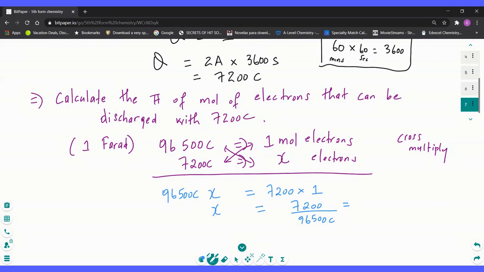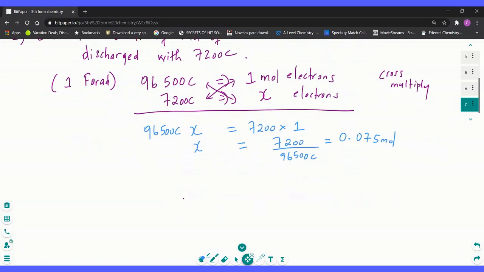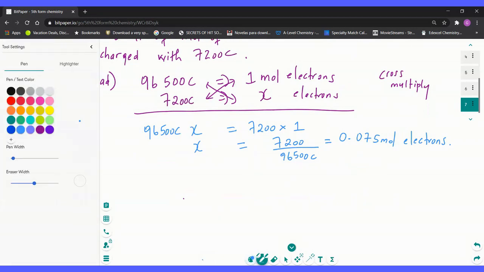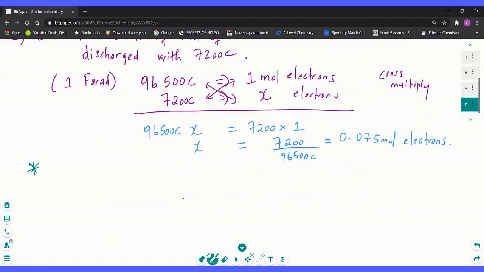What did you get? 0.075 moles. So with just the 7,200 coulombs we have, we could only push 0.075 moles of electrons. Persons understanding at home so far? Yes, miss. Okay, and you're understanding here.